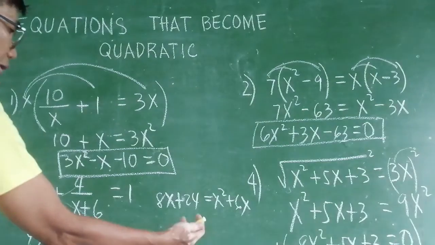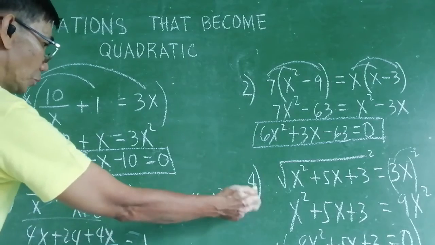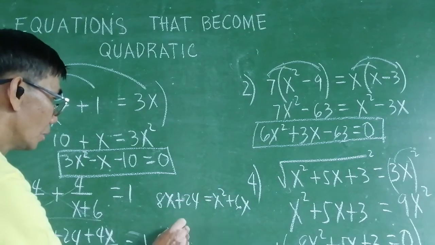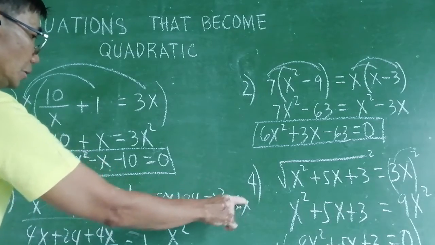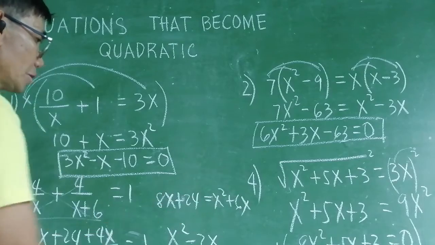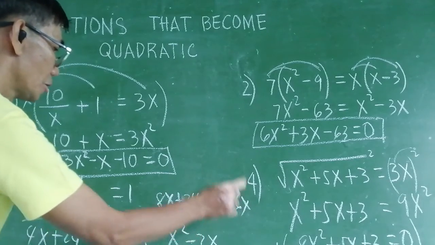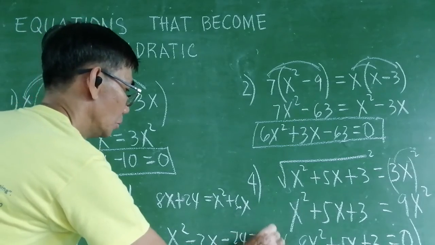Okay, let's rearrange, as if that we are going to transpose it there. So it will become x squared, when transposed here, that will become negative 2x, because 8 minus 6 is 2x, and transposing that is negative 24, equate that to 0.